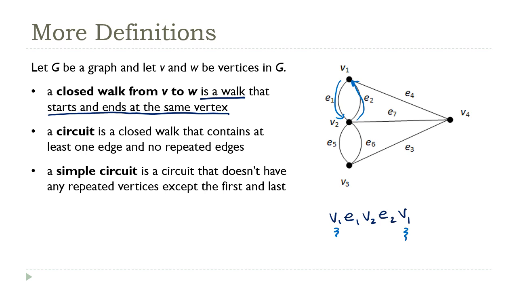Okay, so again, now we're really getting to what the Königsberg people were asking, right? It contains at least one edge, so you have to go somewhere. No repeated edges. Right, that was another one of the requirements. You don't cross the same bridge more than once, and it has to be closed. Right, so it's a closed walk as well.